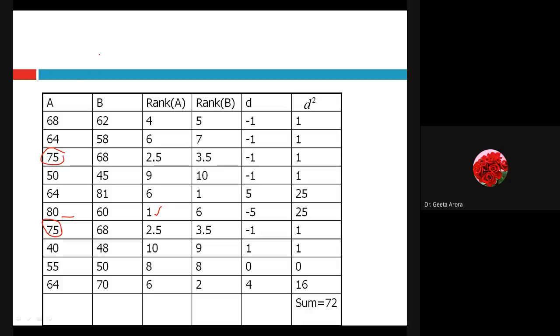Correct? So we note that we are getting m as 2. In the formula, we now do not go with the simple formula, but with the summation of 1 by 12 m into (m square minus 1) added to the summation of d square. This is one thing. And how are we going to calculate d?